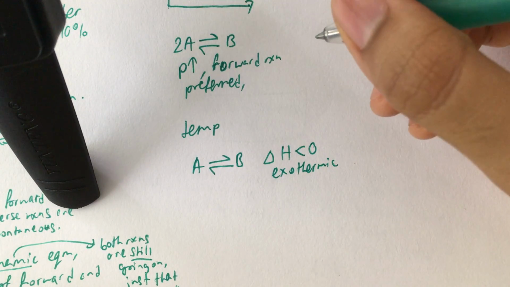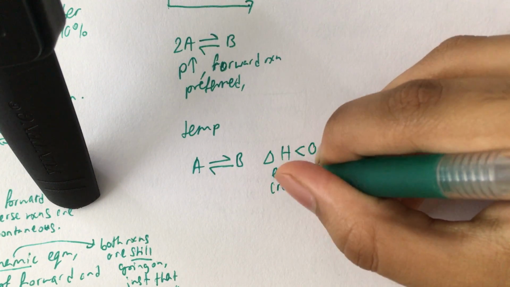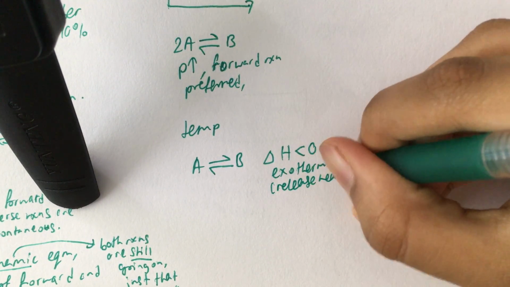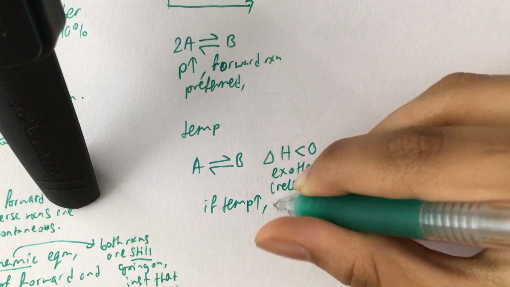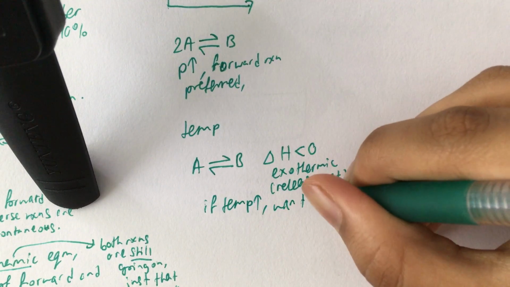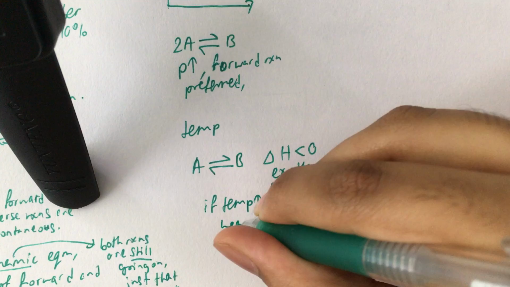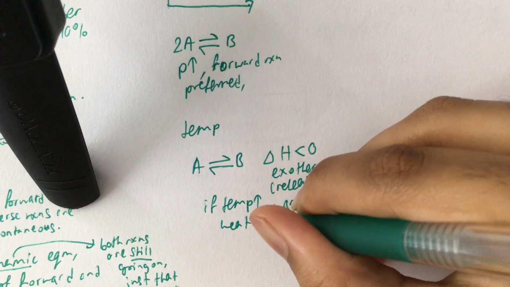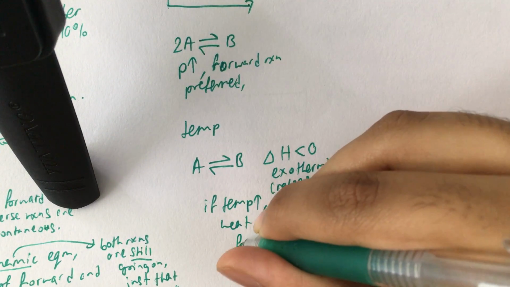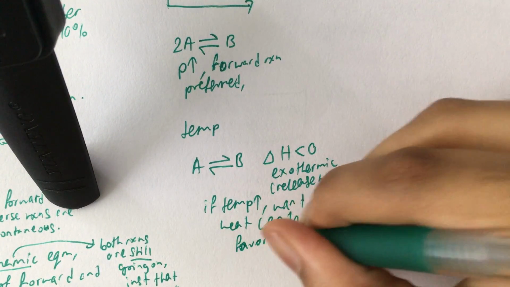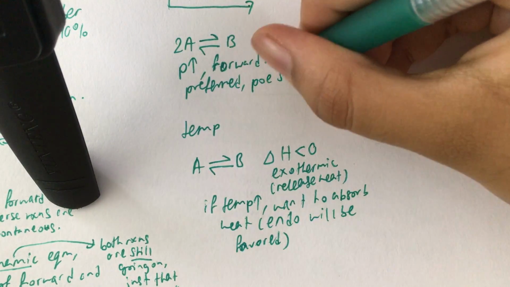So it increases the temperature of the surroundings. So when you increase the temperature, you do not want to increase the temperature of the surroundings again, right? So the reverse reaction, which is endothermic, will be favored in order to decrease the temperature of the surroundings, and vice versa in the sense. So just use that to figure out which one is favored. So that's how you describe your shifting of the position of equilibrium.